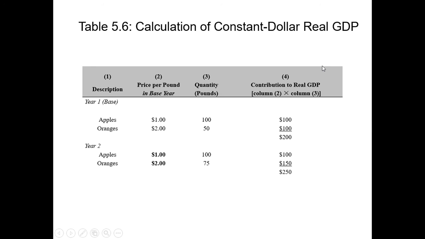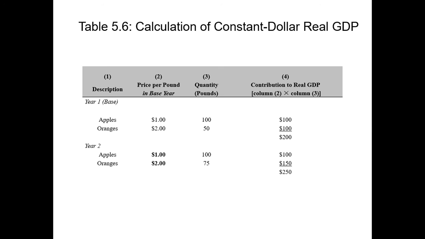Real GDP is where we take constant prices. The quantities are year one and year two quantities. However, we take the base year price, or price of year one, in order to check how much the real economy has grown. Here the real and nominal difference comes from the difference in prices. In nominal GDP we take current prices, in real GDP we take base year prices.